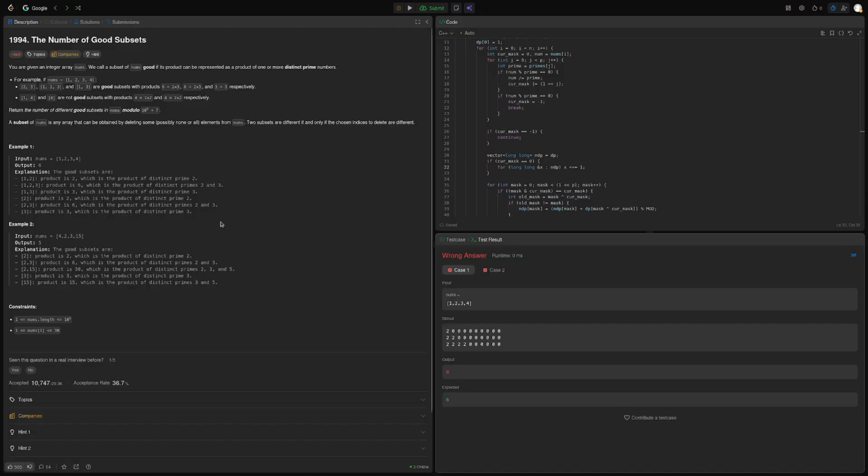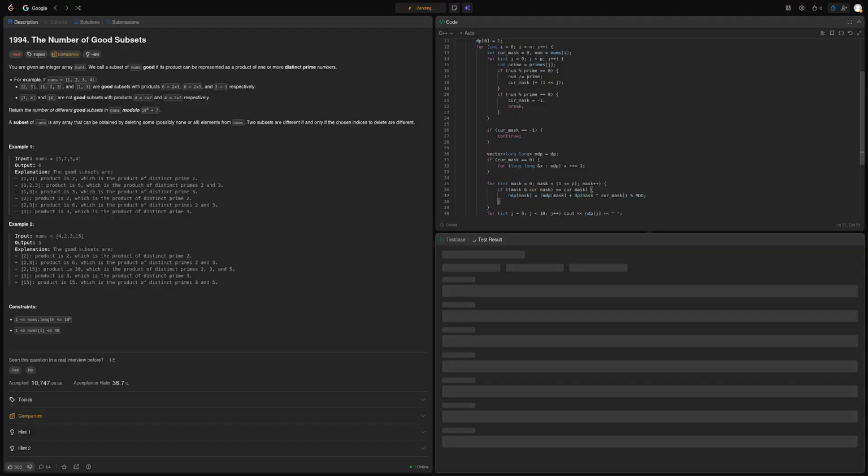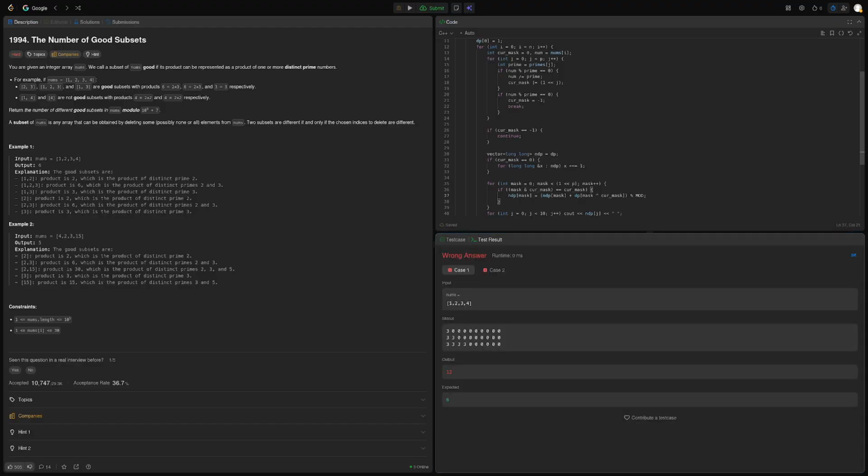So 2 ways. Now how many ways can we make a subarray which will have 0, 0, 0, 0? It's 12. Ooh.